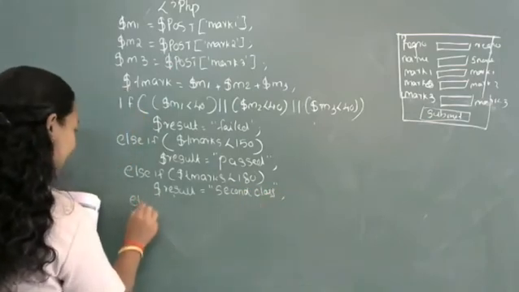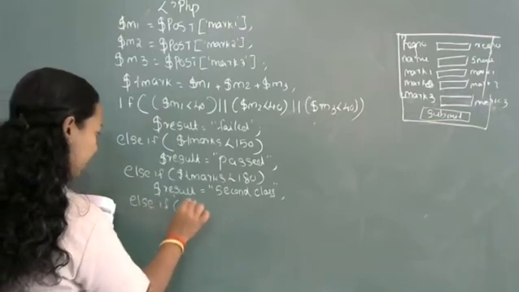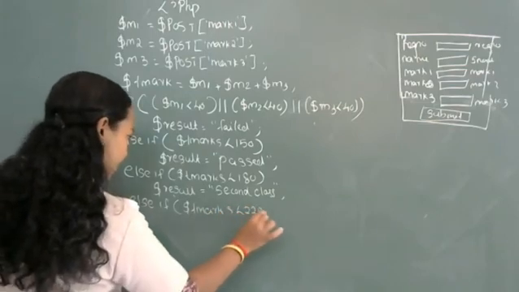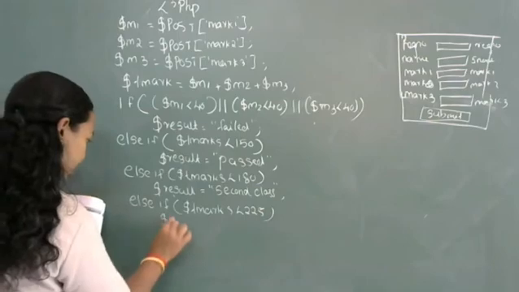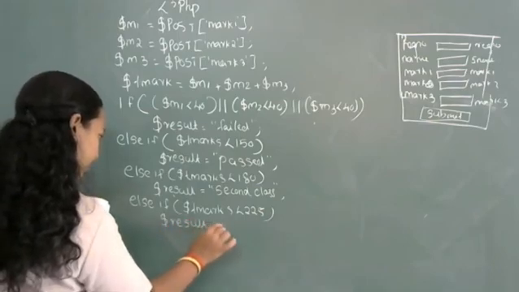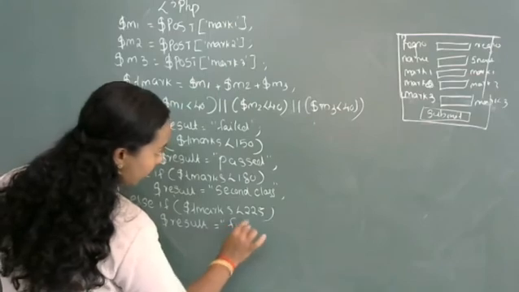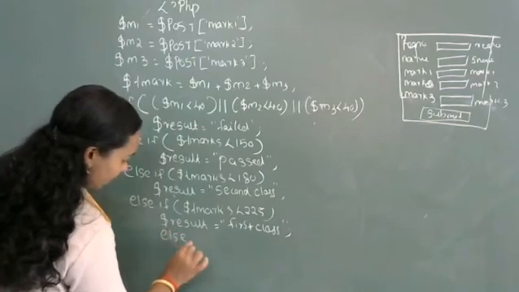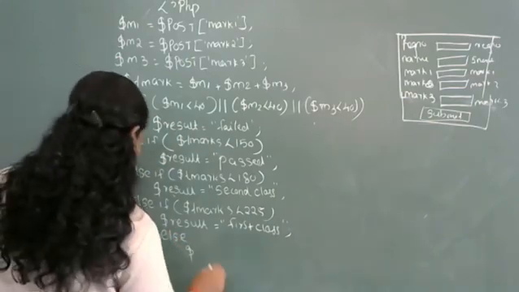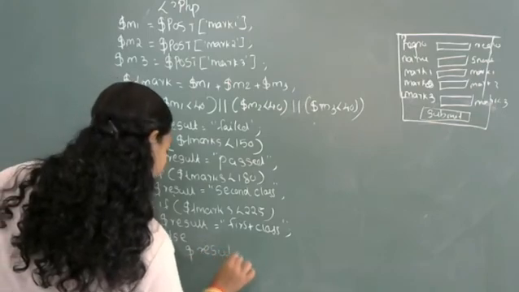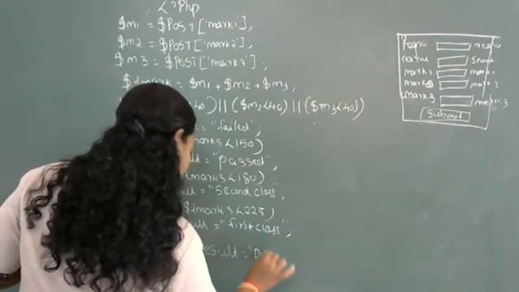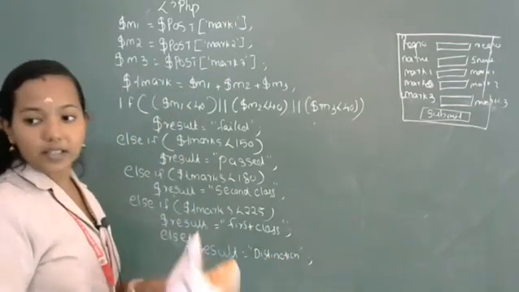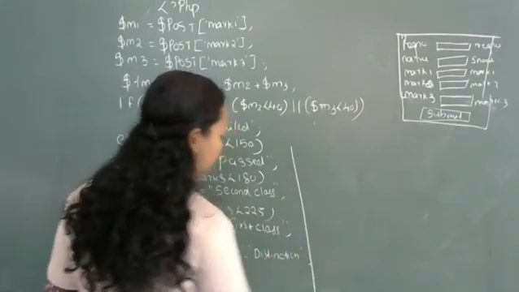Then else if Tmarks less than 225, result equal to first class. Else result is equal to distinction. Okay, I am continuing here.